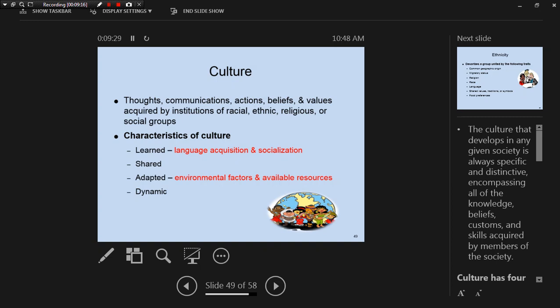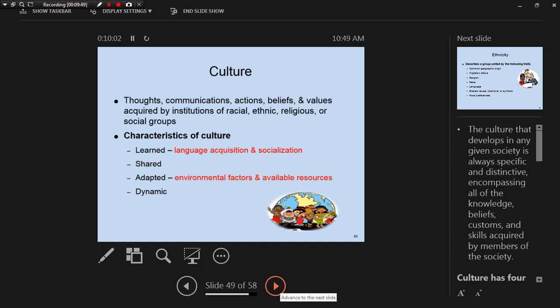Sometimes we think of culture as the individual, and it's all those components: their thoughts, communications, beliefs, and traditions, which fall under their association with race, ethnicity, religion, or social groups. So culture is more of that broad concept of who the patient is. Don't forget the 4 characteristics: learned, shared, adapted, and dynamic.